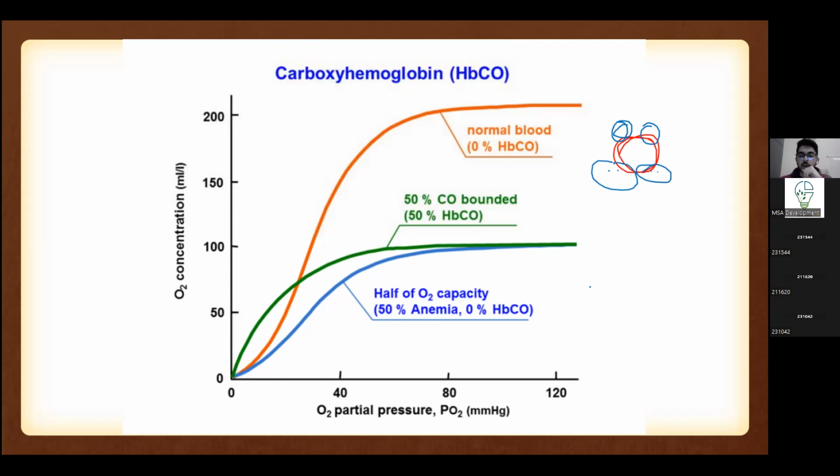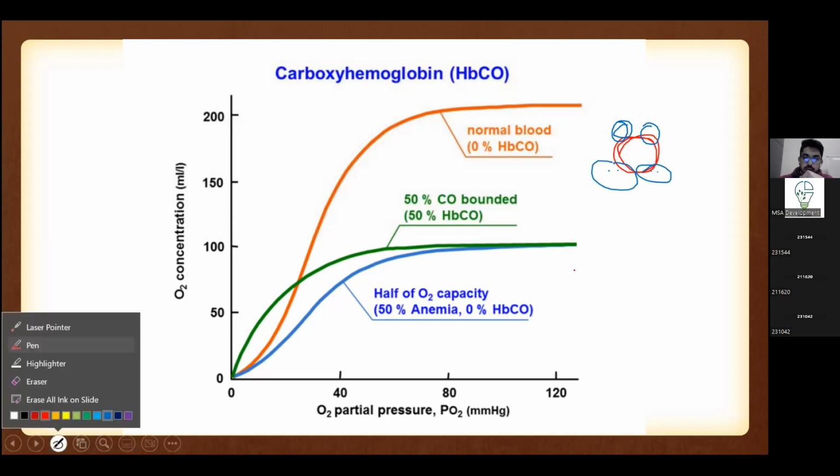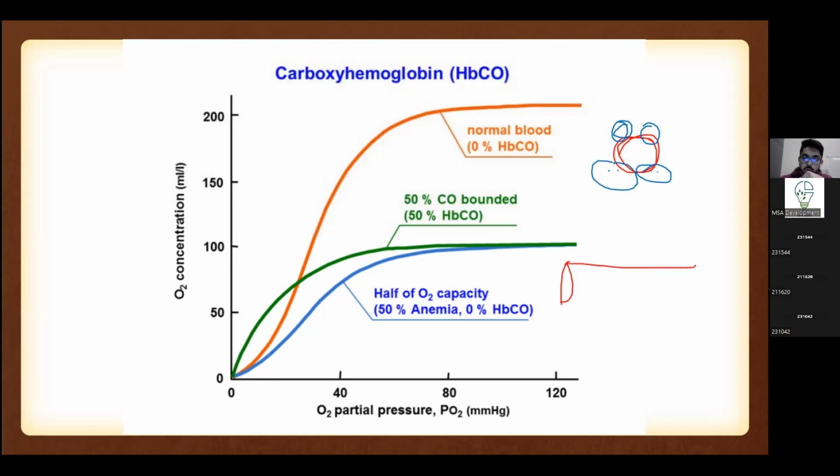Now, when hemoglobin is trying to deliver oxygen to a tissue, this is a hemoglobin molecule, this is the same hemoglobin molecule, and this is a tissue. When hemoglobin wants to drop this oxygen back to the tissue, it won't be able to do so. Why does that happen?